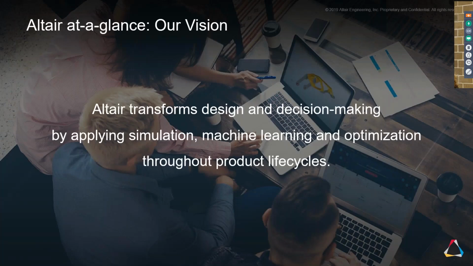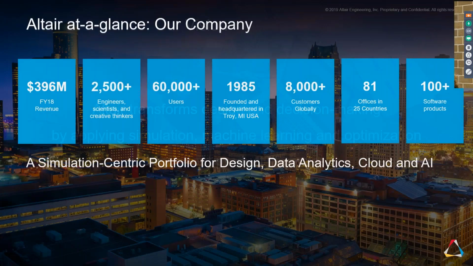At a glance, Altair seeks to help its customer companies and universities transform design and decision making by applying simulation technology, machine learning, and optimization throughout the product life cycles of the products that they develop. That's it in a nutshell, and that provides the background or context for everything we'll talk about today.